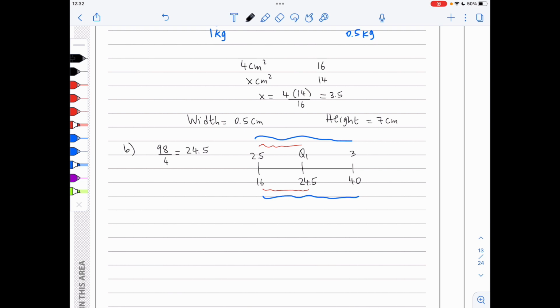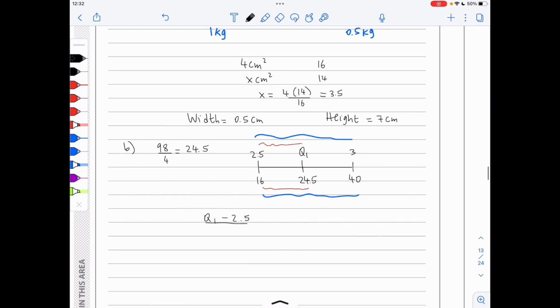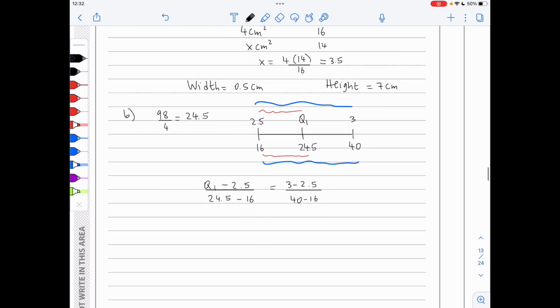So we can say that Q1 minus 2.5 over 24.5 minus 16 is equal to 3 minus 2.5 over 40 minus 16. This leads to Q1 minus 2.5 over 8.5 is equal to 0.5 over 24.